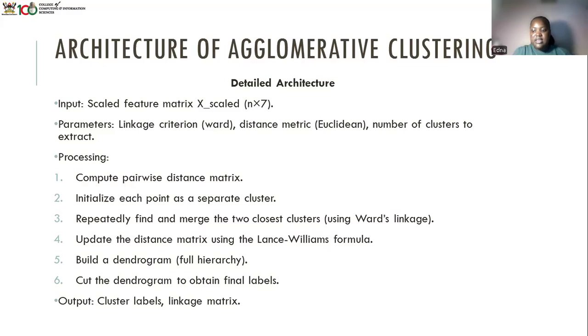The distances are then updated using the Lance-Williams formula, and the full merge history is passed down to the dendrogram function, and agglomerative clustering cuts the tree to output 3 final cluster labels.